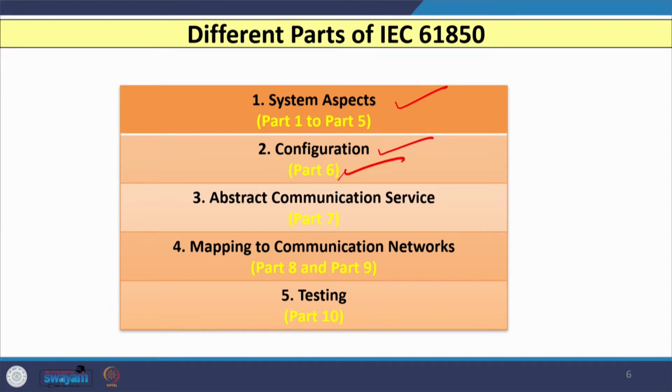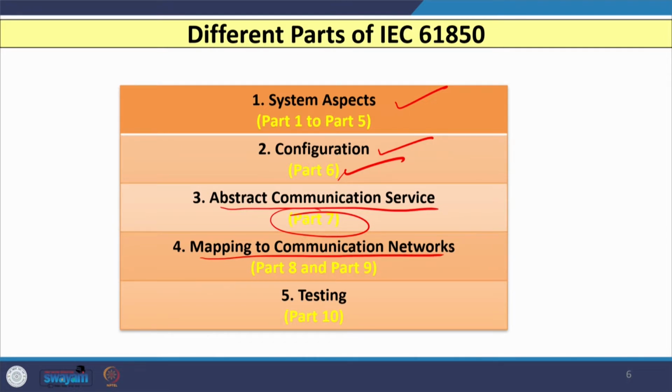The third important point is related to the abstract communication service. How communication is carried out, the entire process, is discussed in the third part, and that is basically part number 7. The fourth is related to the mapping to communication network.